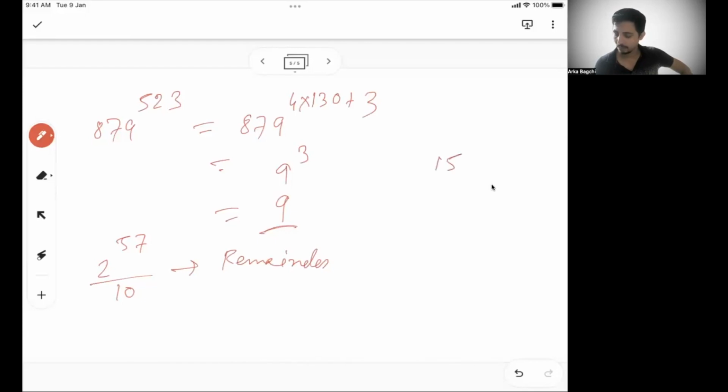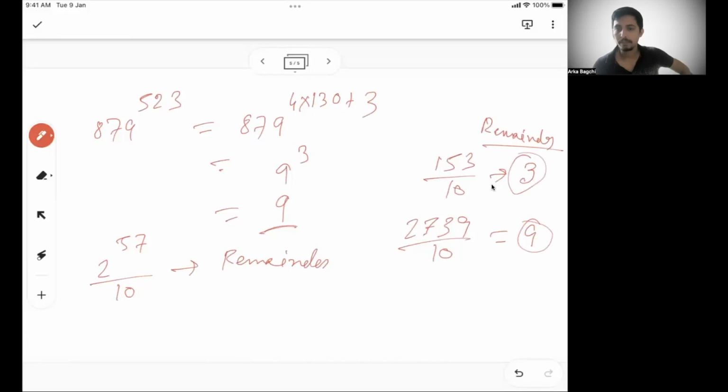Let's say 153. You divide by 10, you will get the last digit, which is 3, the unit digit. If I do 2739 divided by 10, you will get the last digit as 9, or the remainder as 9. So these are your remainders, 3 and 9.